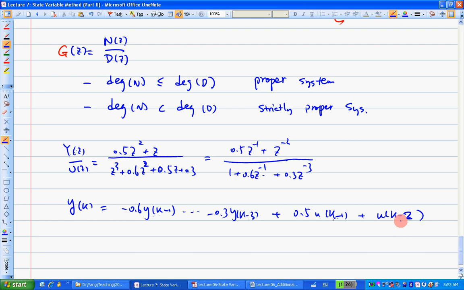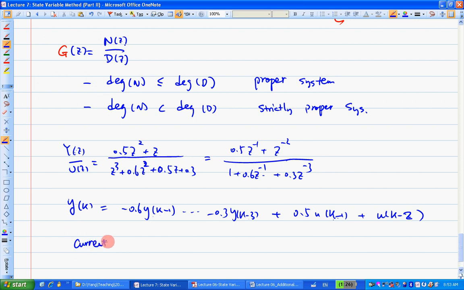So what do we call this kind of system? Proper system. It's actually strictly proper. So this is the so-called causal system, right? Your system's current output depends only on the past input and the past output values. Is that clear?